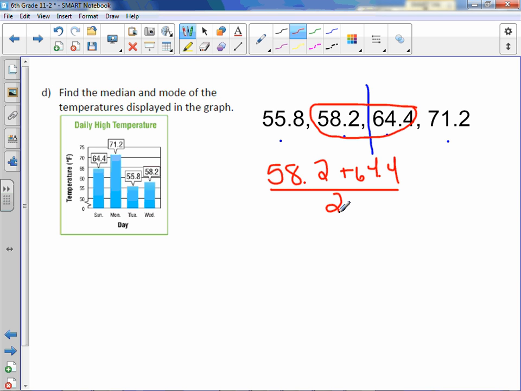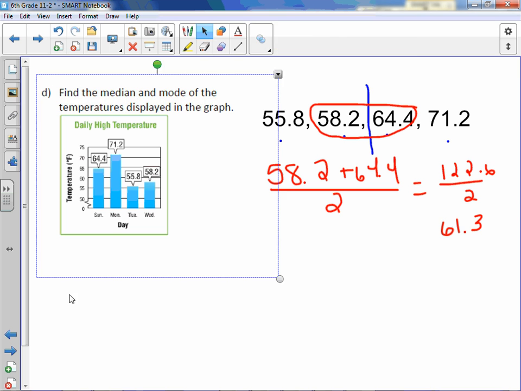So 58.2 plus 64.4 is 122.6. Divided by 2, which is 61.3. So the median is 61.3.